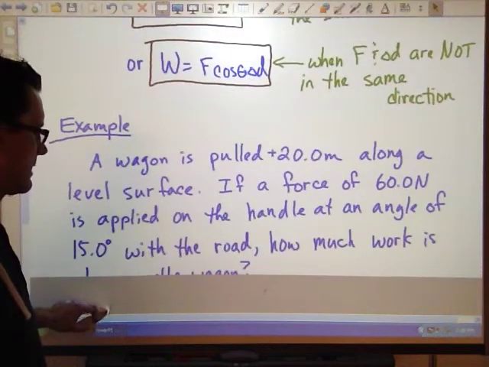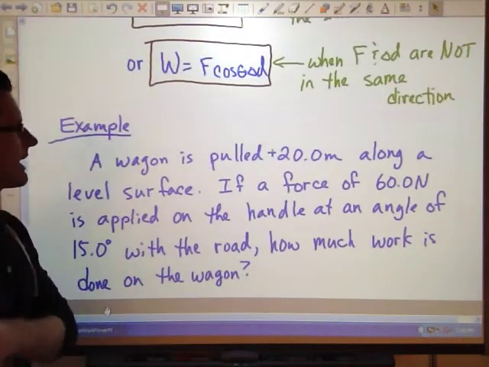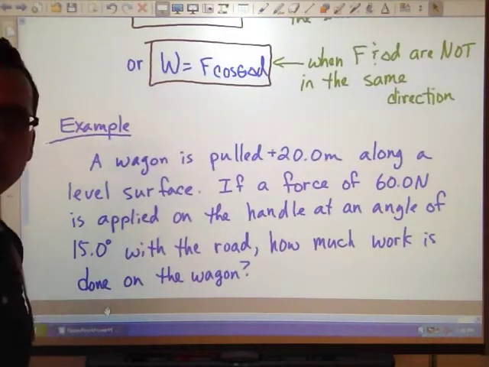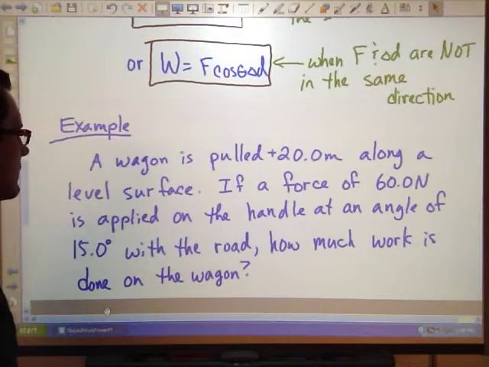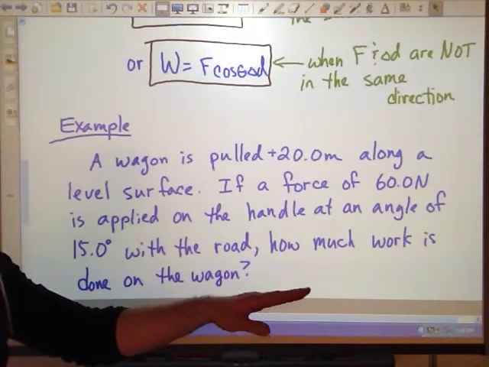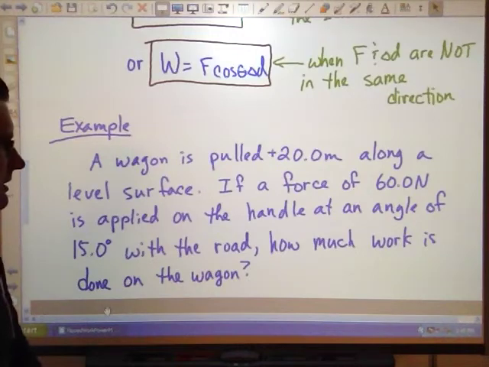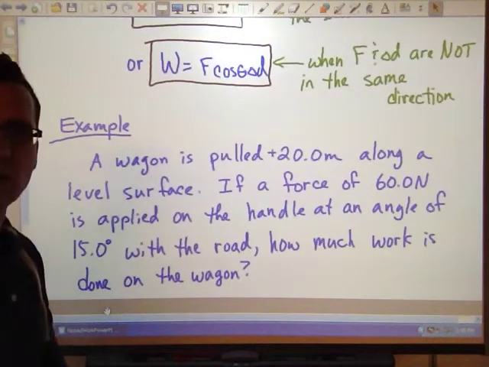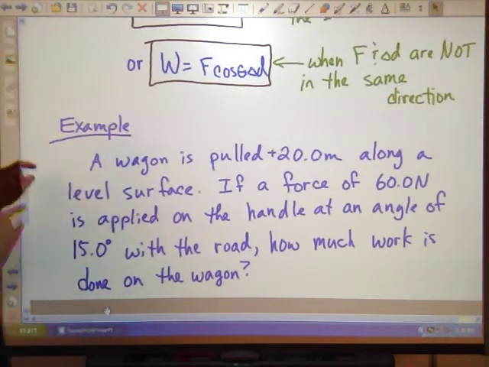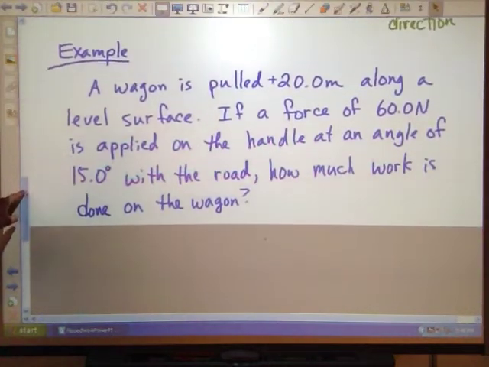So here I have an example dealing with that idea, applying a force at an angle. Here we have a wagon pulled positive 20.0 meters along a level surface. If a force of 60 newtons is applied on the handle at an angle of 15 degrees with the road, how much work is done on the wagon? Looking at that, once again, the angle is to the horizontal.